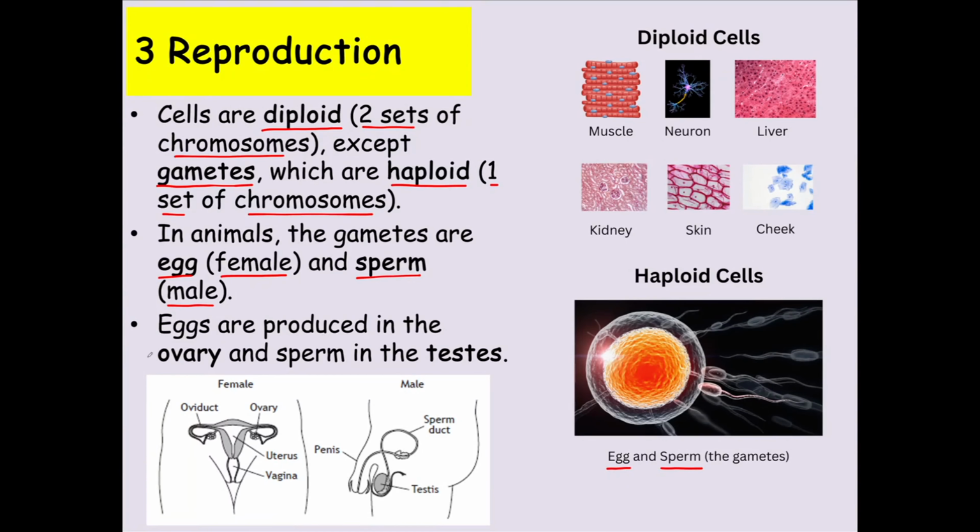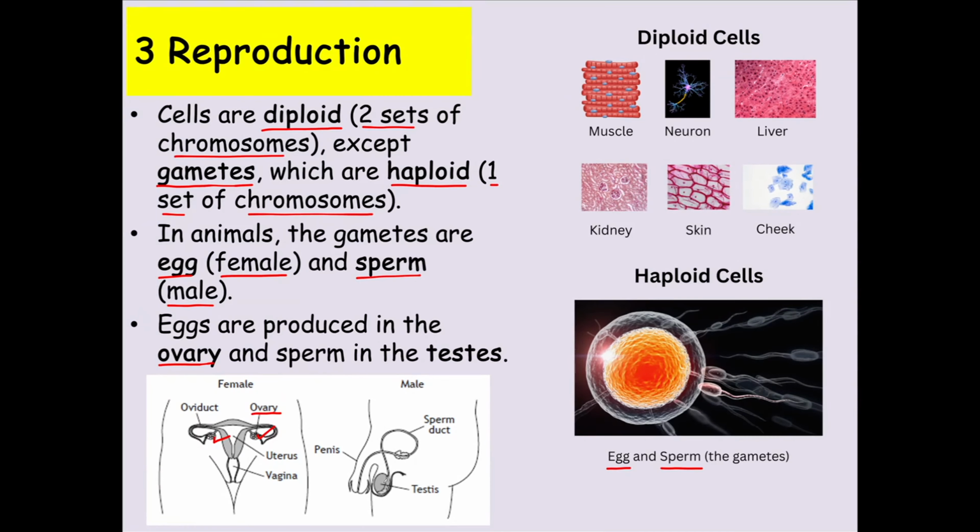Now, eggs are produced in an area called the ovary within the female. So we've got one ovary here and we've got one ovary here, so there are two ovaries. And fun fact, they alternate releasing an egg from month to month if all is working as it should. So they don't both produce an egg every month.